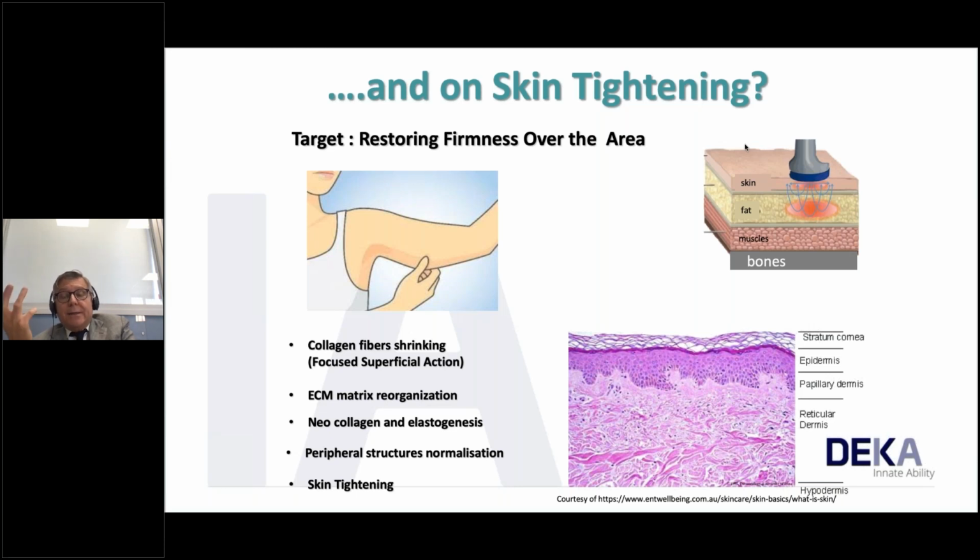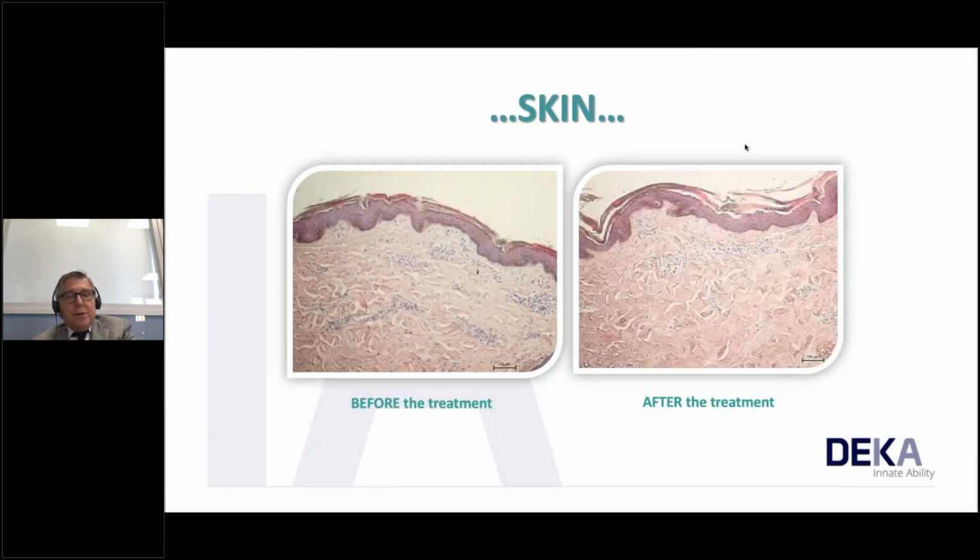But we can recall the heat back, and there is a sort of upside-down thermal injury. From the depth, you can heat the skin and get the tightening. You see the skin histologically before and after.